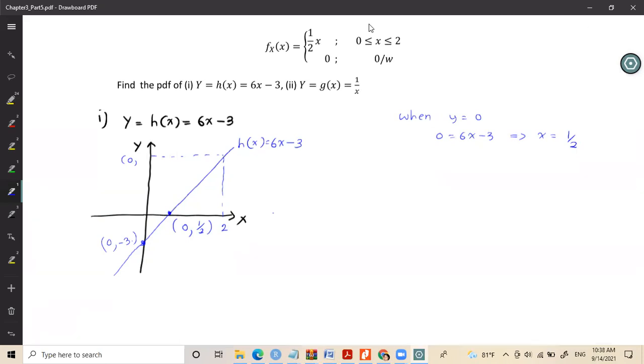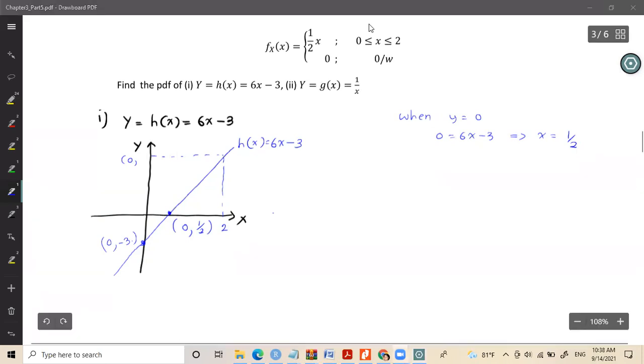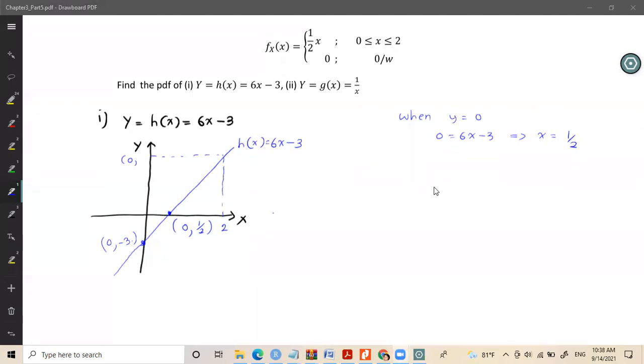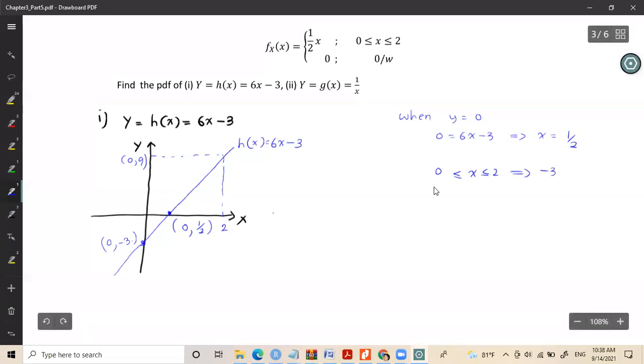Yes, you need it to find the support of y. That will be 9. So you have x equals 2, 2 times 6 is 12 minus 3, it's 9. So when the support of x is from 0 to 2, the support of y will be from -3 to 9. You need this when you write the final answer. Y is from -3 up to 9.